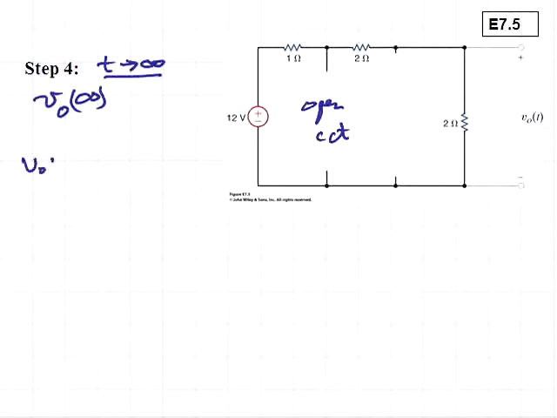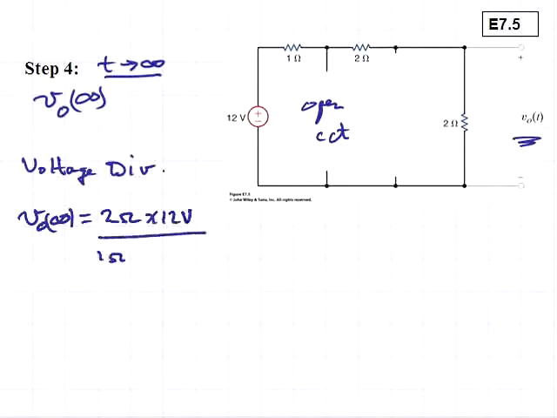And again, by voltage division, we can obtain this output voltage VO at infinity is equal to 2 ohms times 12 volts divided by 1 ohm plus 2 ohms plus 2 ohms, or VO at time infinity is equal to 24/5 volts.